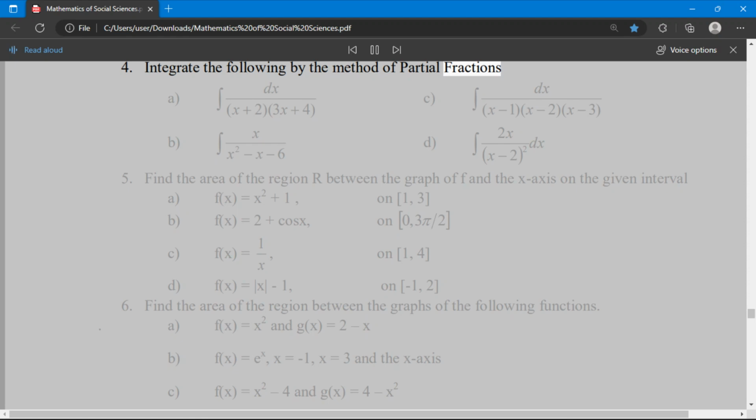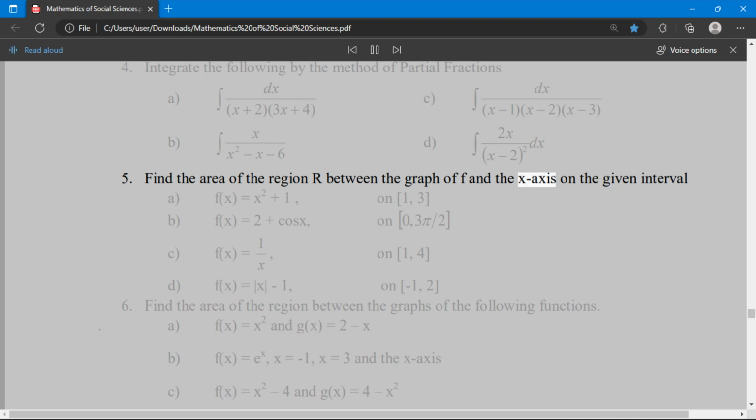Integrate the following by the method of partial fractions: a. the first rational function, b. the second, c. the third.